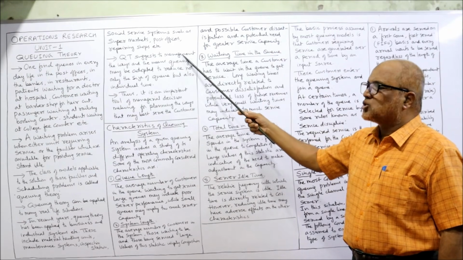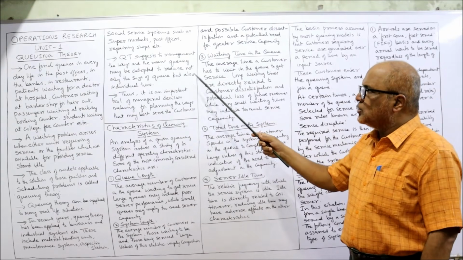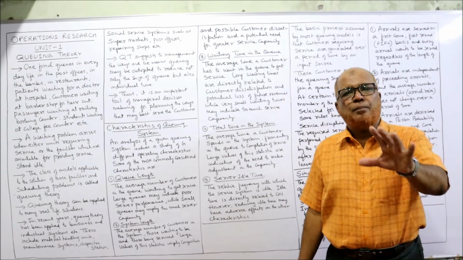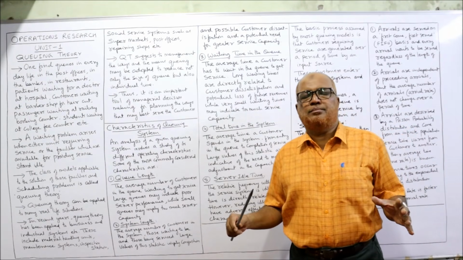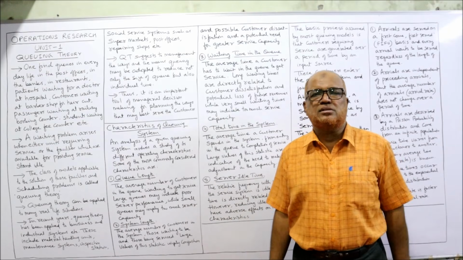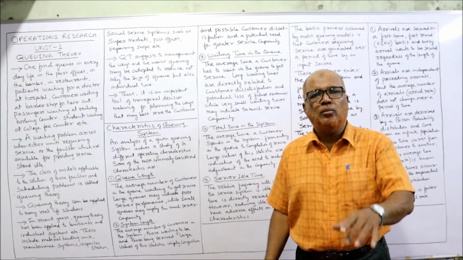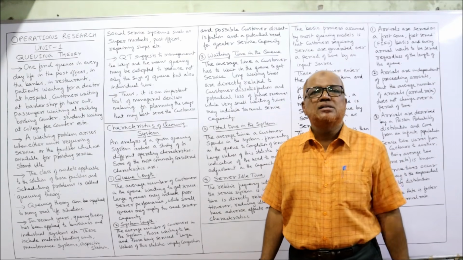Queuing theory suggests to management the ways and means by which queues may be adapted to reduce not only the size of the queue but also the individual waiting time. What is the purpose of studying queuing theory? To understand the system, to understand the process, in order to reduce the idle time of the customers and also the idle time of the server.